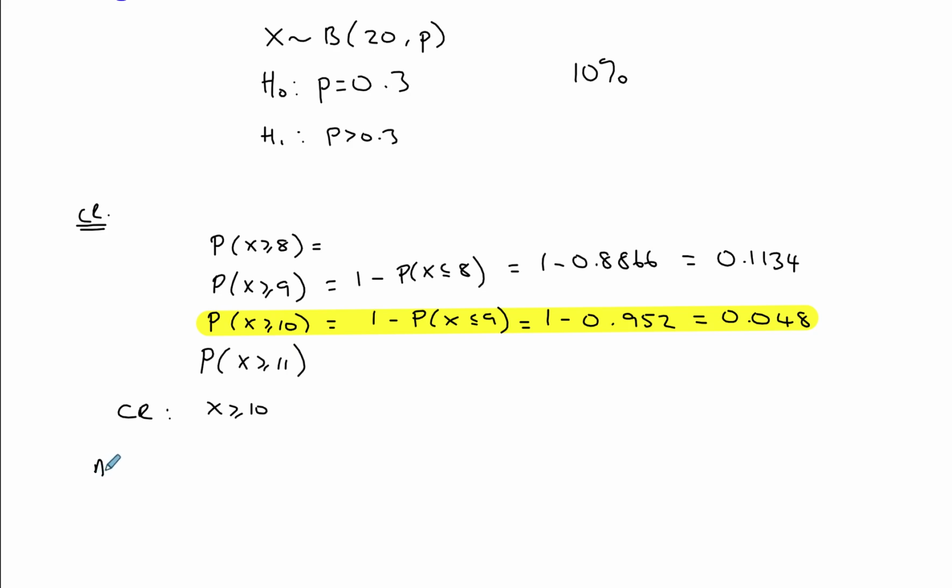We are going to accept H0, which is that the probability is still 0.3, and say that there is not enough evidence to show that the probability has increased.